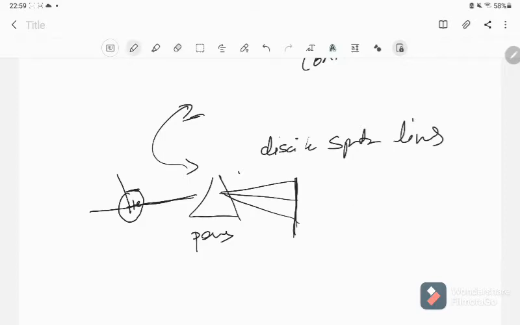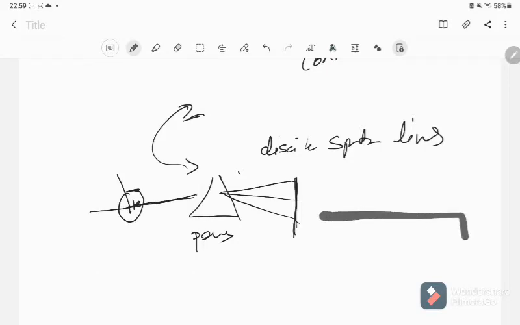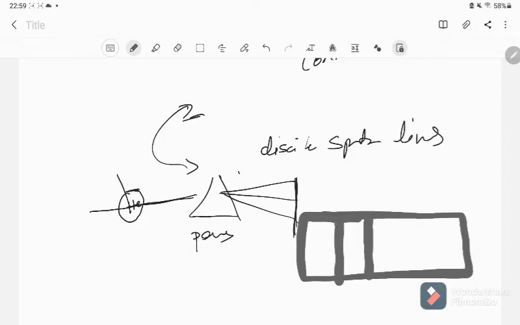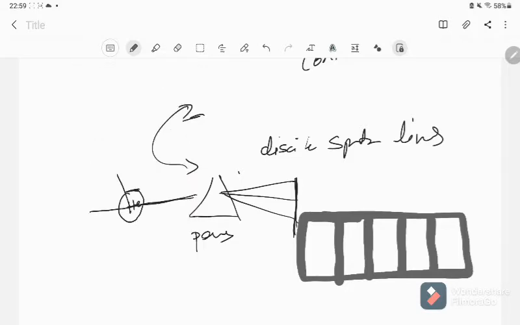You will get a spectrum like this, where in between the lines there is a gap.